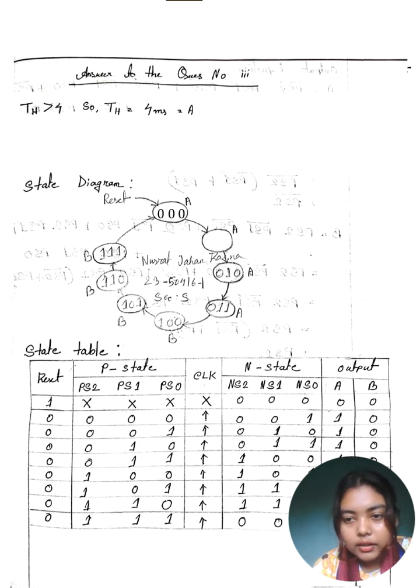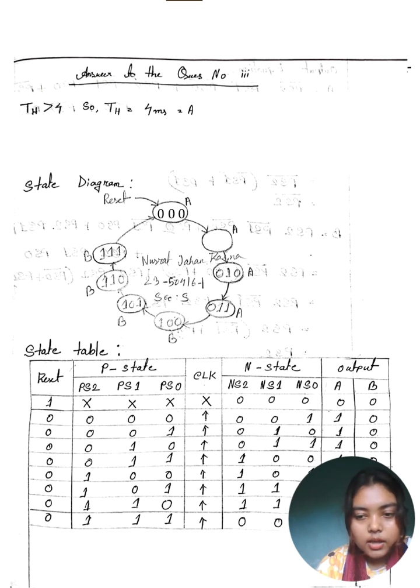A and B are shown as outputs in the output column, which appears to be a labeling convention in this context, where A and B might be the outputs of this specific state machine controlling something else. For each state transition row, the corresponding output values for A and B are also listed.